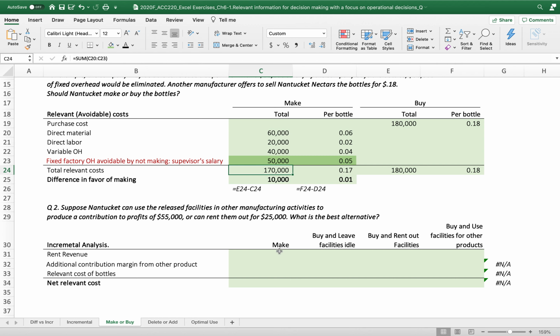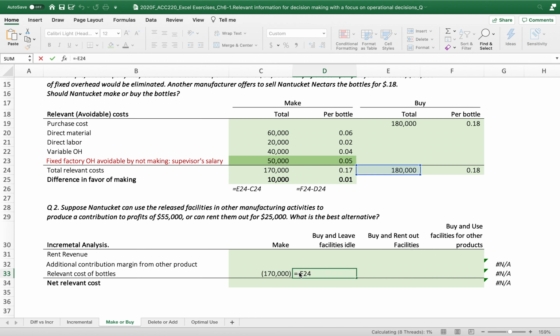Now we want to find the lowest cost we can spend. So in the make case, we already calculated. Let me show it in negative numbers so that you can compare the spent amount. And then buy and leave facility idle. Even though the company has the facility idle, that is the actual cost. So let me put negative there.